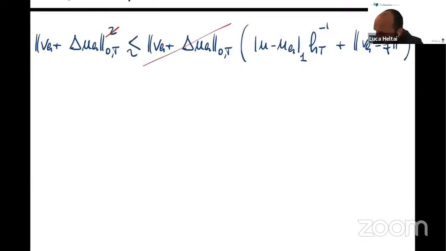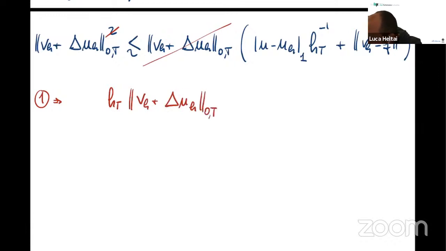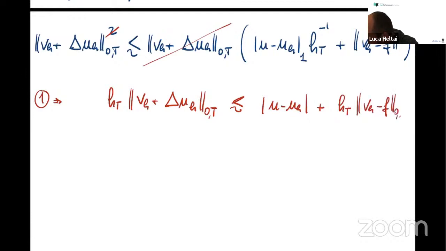first term is controlled. So this implies that number one, I can control ht, norm of vh plus Laplacian of uh, 0t. This is controlled, locally, by u minus uh plus ht, norm of vh minus f, and both of these are just on T. So far, I have not needed anything else.